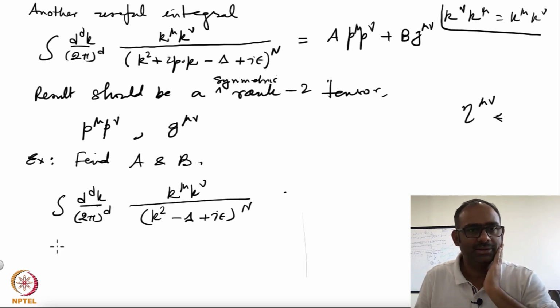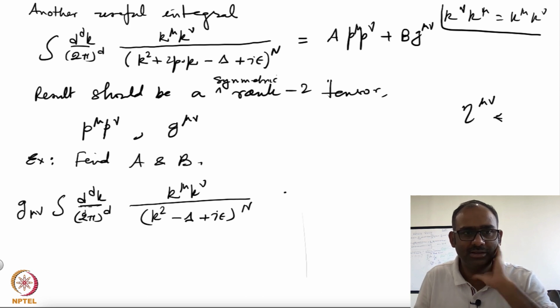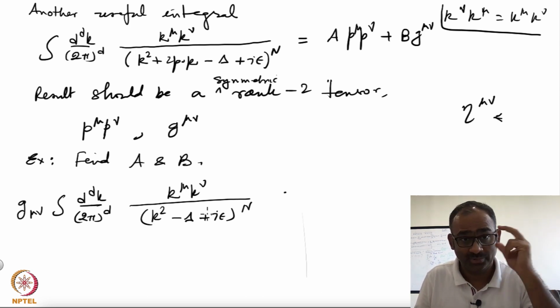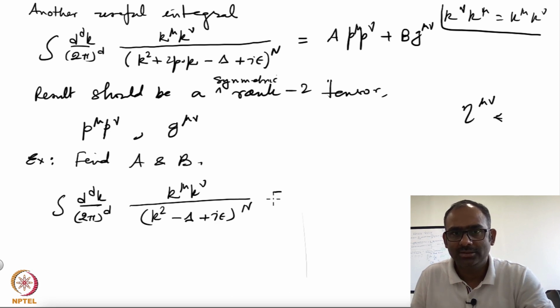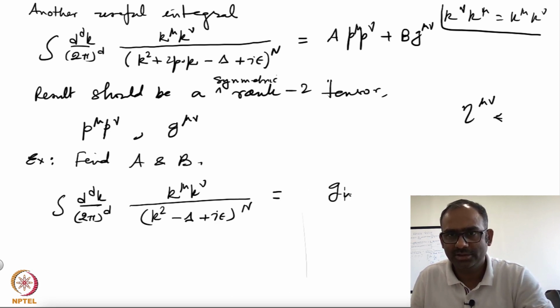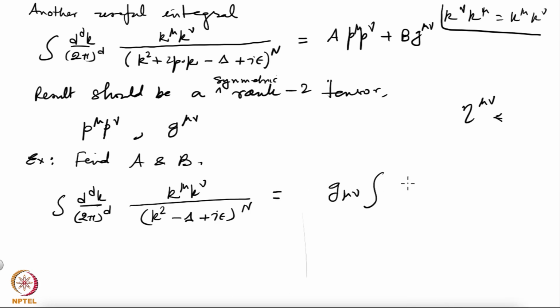There is another thing: if I contract this with g_μν, then g_μν k^μ k^ν is k². So this integral becomes ∫ d^dk/(2π)^d k² over this factor. Now let me write it this way: it is g^μν times a constant. I claim that this can be written as the following.